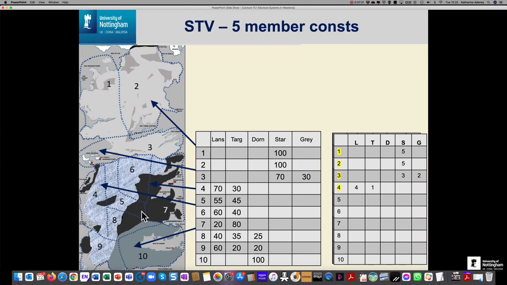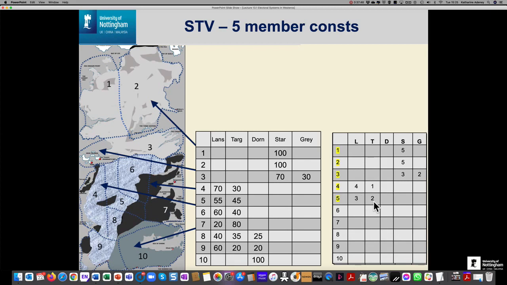Now, if we look at constituency number 5, 55-45, you'd expect something like 3 to the Lannisters, 2 to the Targaryens, because the same dynamics of intimidation are going on, and indeed that's what's happening. And the same happens in constituency number 6, although the demographics make it more proportional to the outcome there. 60% of the population share, you'd expect to lead to 3 seats in a 5-member constituency.